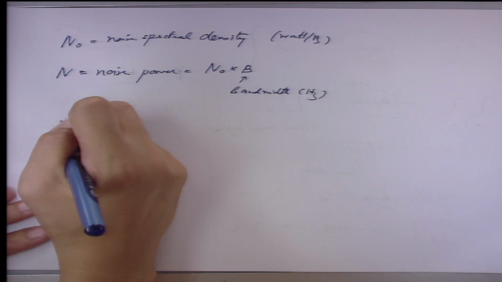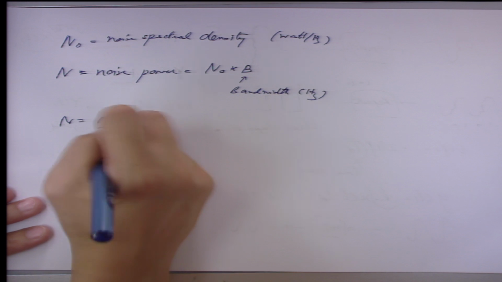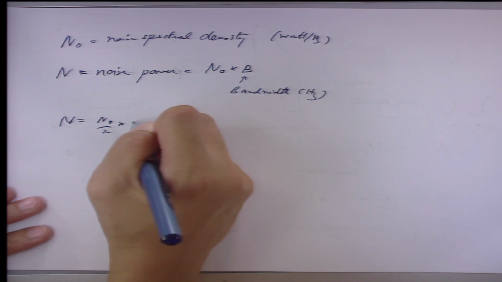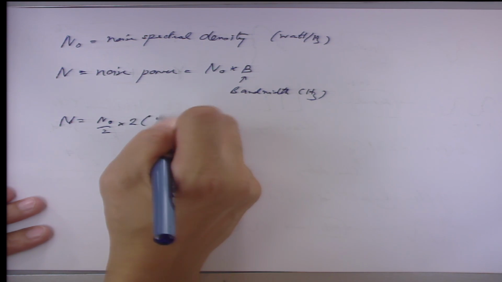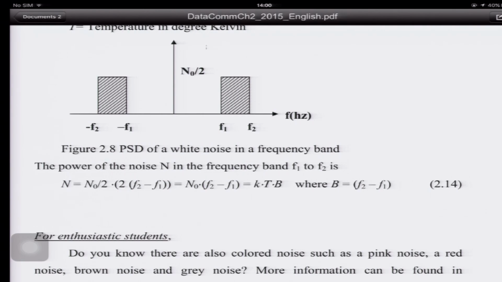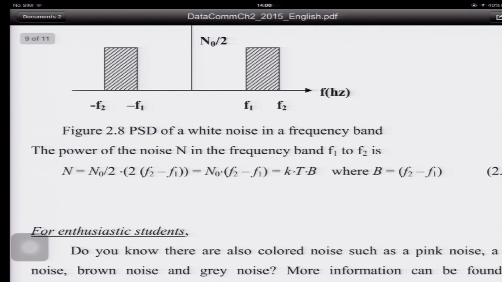So you will get N equal to N0 over 2, which is the height, multiplied by the bandwidth. The bandwidth is 2 times F2 minus F1. If you look at the formula here, N0 over 2 is the height of the spectrum, multiplied by two boxes, one on the negative side and one on the positive side.